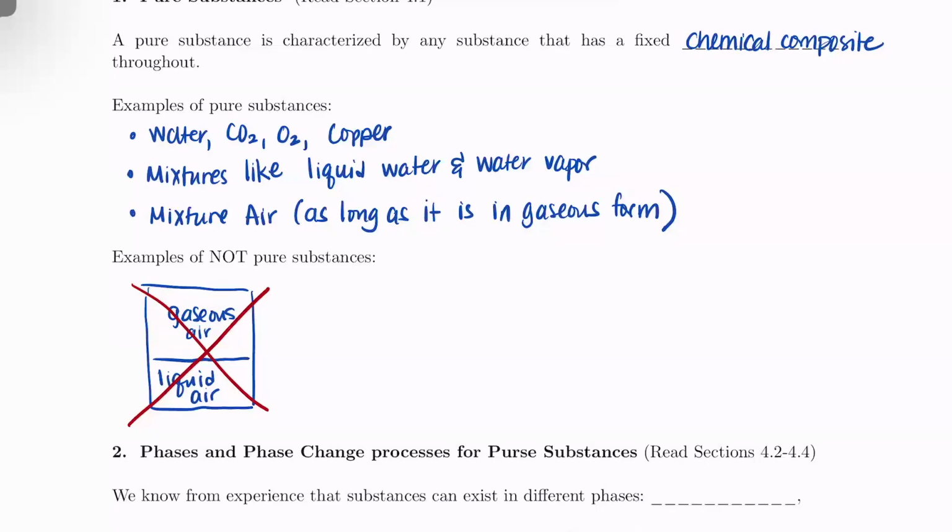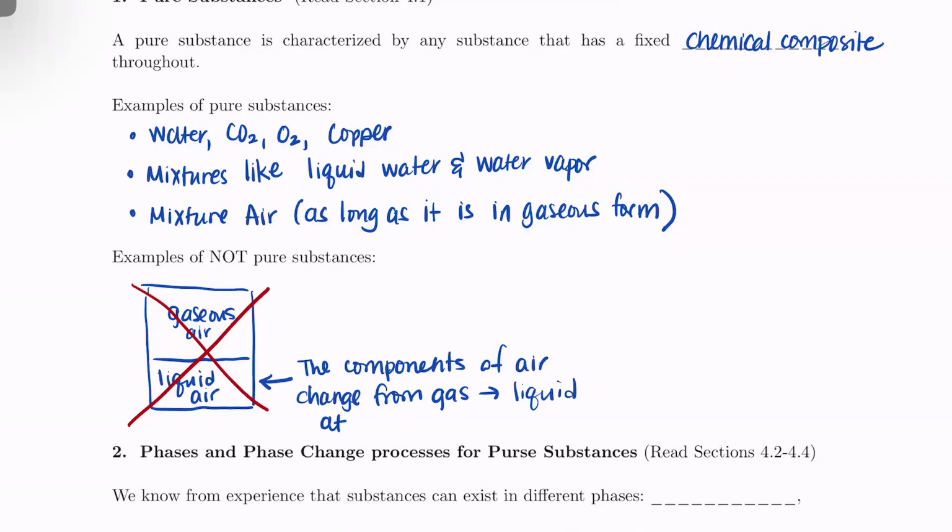Does that make sense? So let me just write that down so it's for the record. The components of air change from gas to liquid at different pressure and temperature.